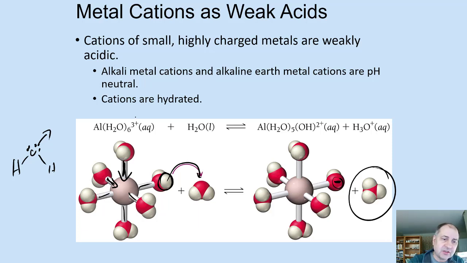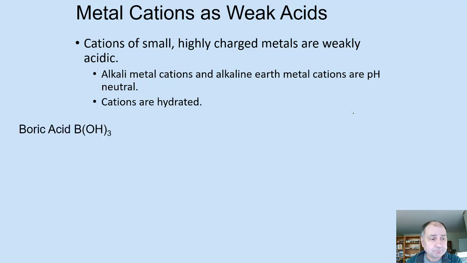But so the charge does reduce because you are transferring an H plus to a free-flowing water molecule, one that's not bound to aluminum, and so this is charged here. That's that ammonium ion, and you can measure that, and it will be acidic. But you need to use the Lewis acid, Lewis base type definition to determine that. Boric acid is one of my favorite examples.